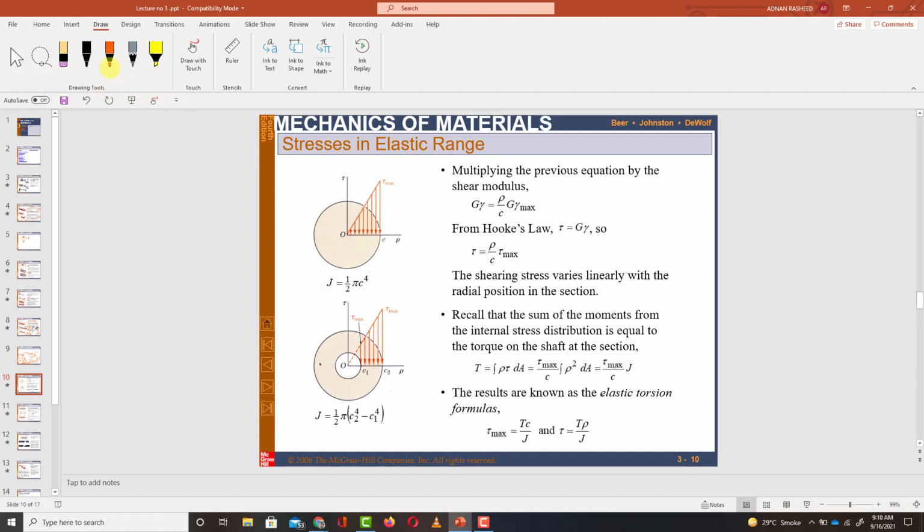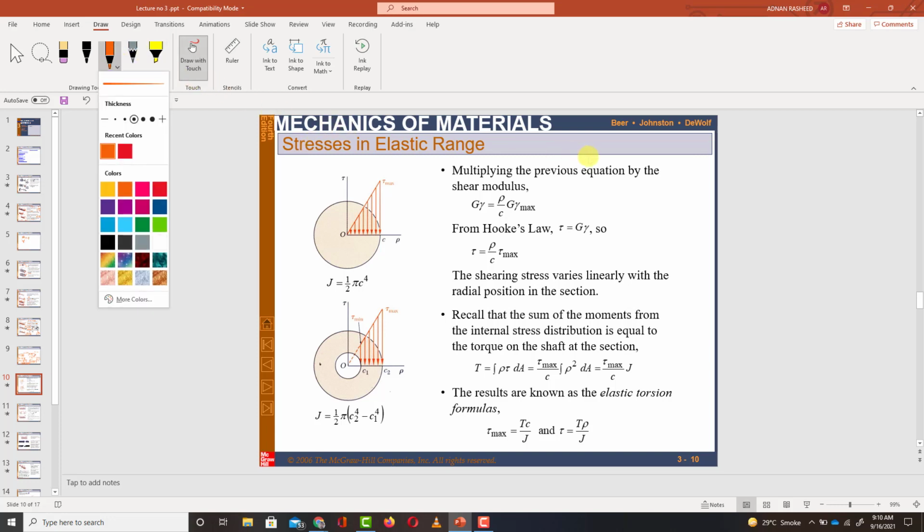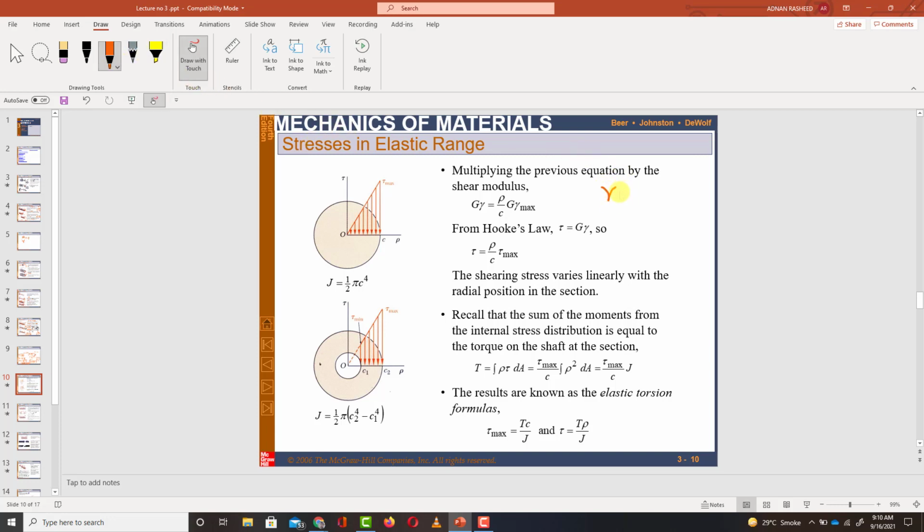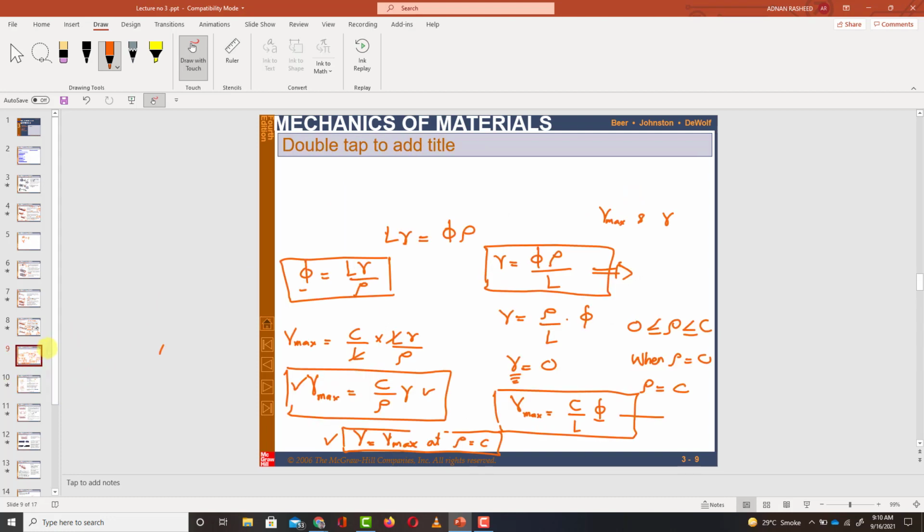As we have already discussed, the distribution of shear stresses in a circular shaft subjected to torsion is not uniform. You can see from the previous equation, that was the relationship between gamma and gamma max. One thing should be clear: gamma max will be equal to C over L into phi.